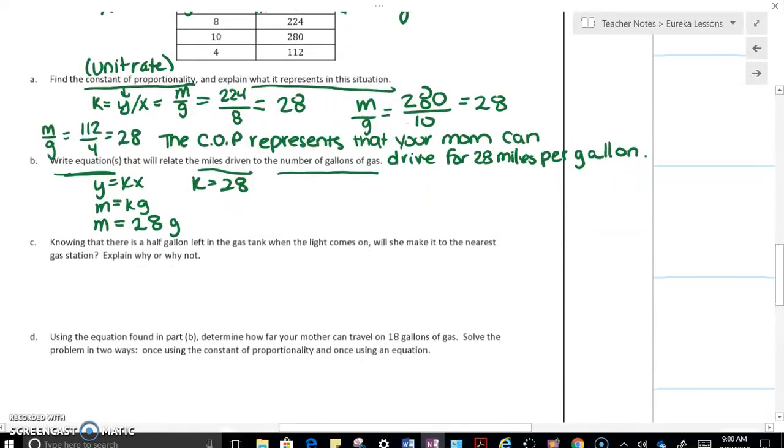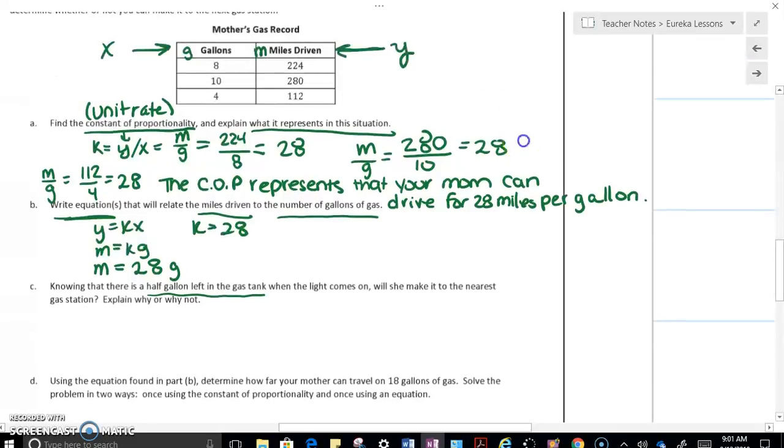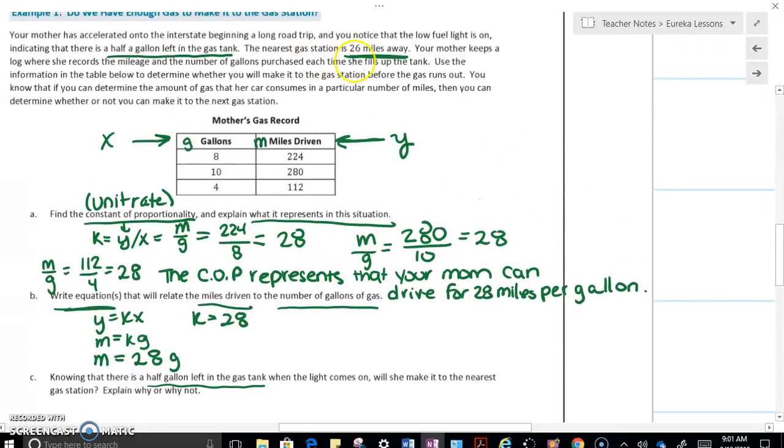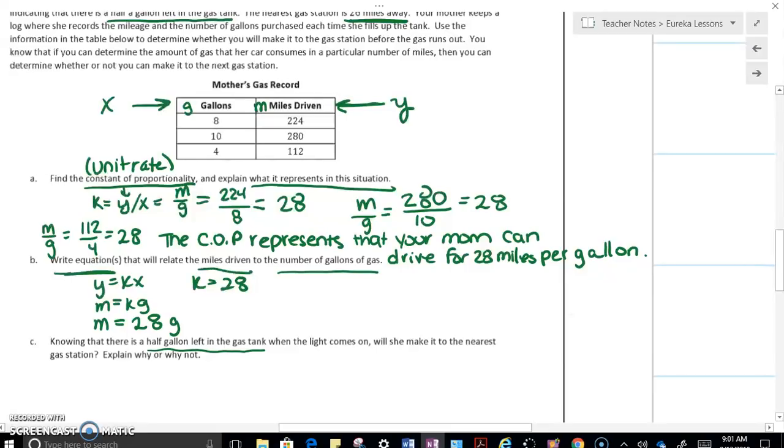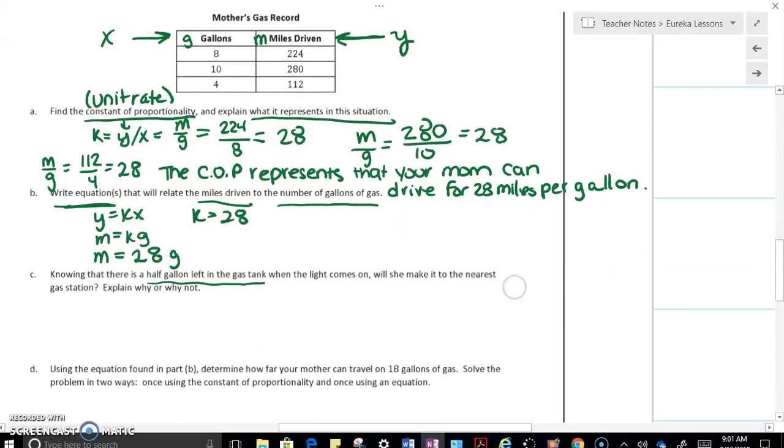Knowing that there is a half a gallon left in the gas tank when the light comes on, will she make it to the nearest gas station? Explain why or why not. Let's go back to our word problem. It says that the nearest gas station is 26 miles away, and you need an entire gallon to travel 28 miles. So my conjecture is no, because 1 gallon will get her to go 28 miles.